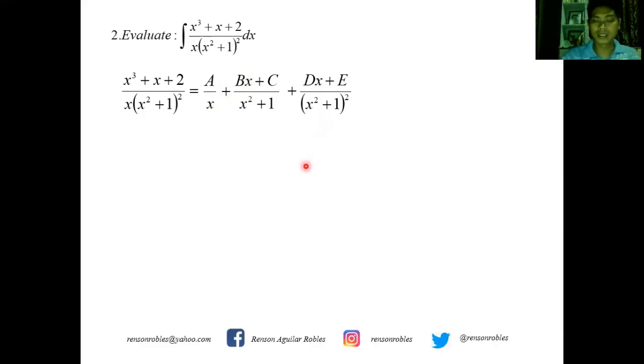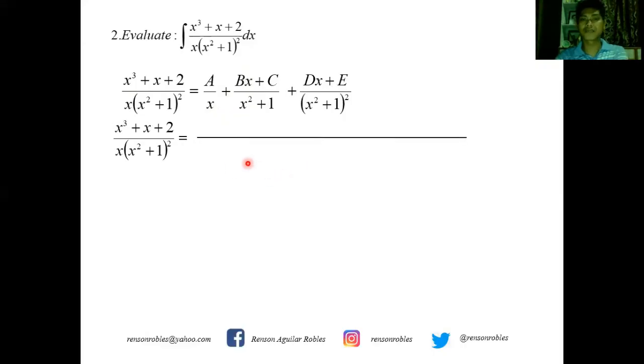Okay, and then we follow the same step. We write the right side of the equation as a single fraction by getting the LCD. You have x times the quantity x squared plus 1 to the second power. LCD divided by x multiplied by A led us to A times the quantity x squared plus 1 to the second power.